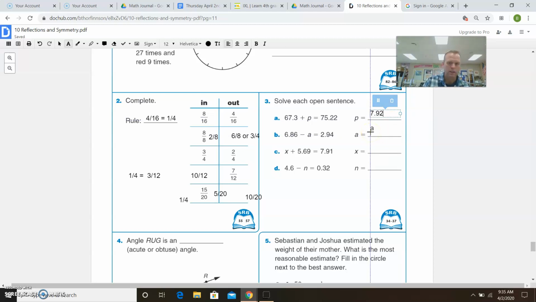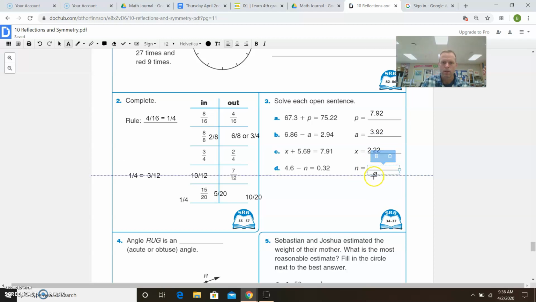We're also going to subtract to find the difference here. 6 86/100 minus what number would give us 2 94/100? Again, you are subtracting. Okay, and the answer to that is 3 92/100. And finding the difference again, so we're subtracting again. 7 92/100 minus 5 69/100 gives us 2 22/100.